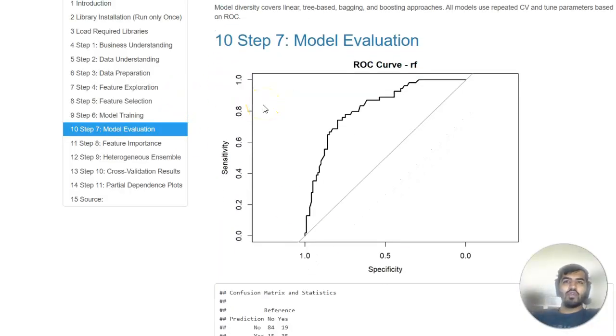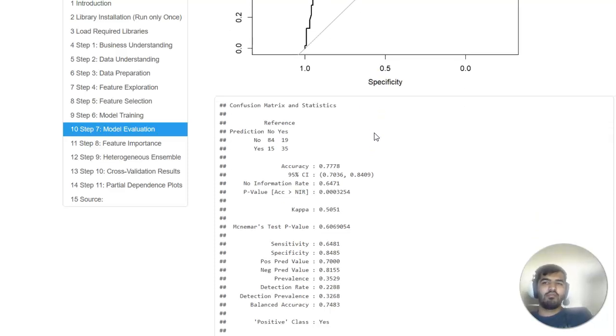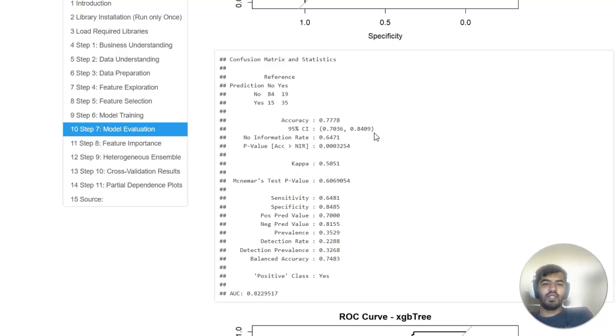To standardize evaluation across all models, I created a custom function that produced a confusion matrix, calculated accuracy, sensitivity, specificity, and AUC score, and plotted ROC curves.